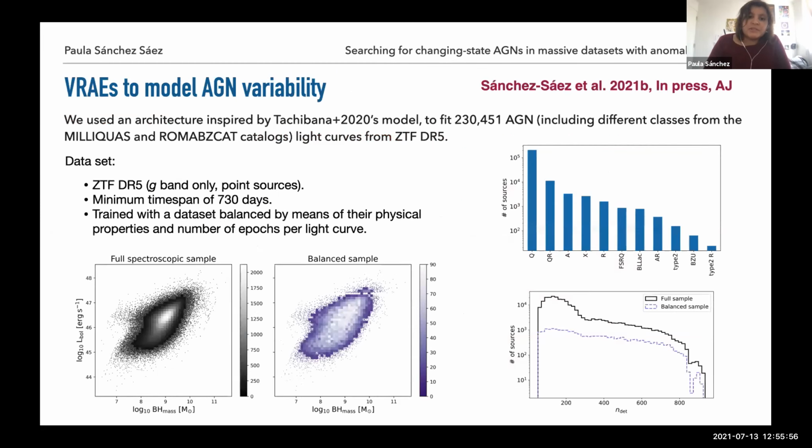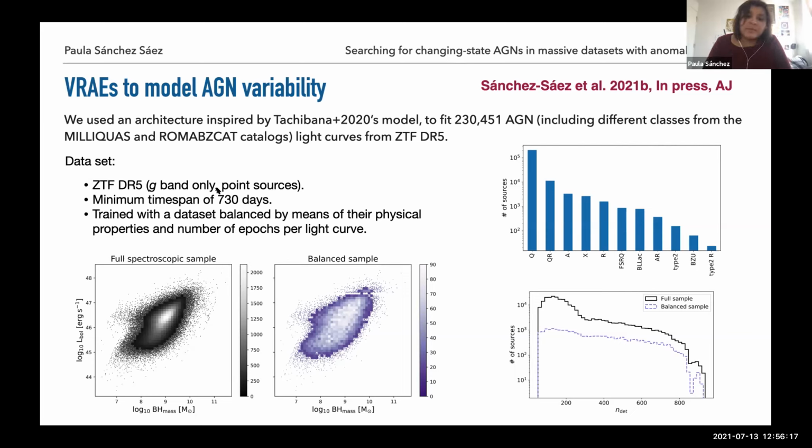And in particular for this project, we are using a sample of AGNs from Milliquas and Roma with ZTF light curves in data release 5. And we restrict the sample to sources that are point sources and with more than 2 years of data.